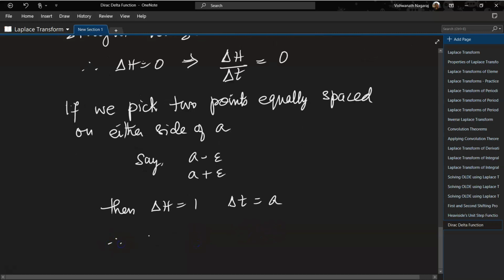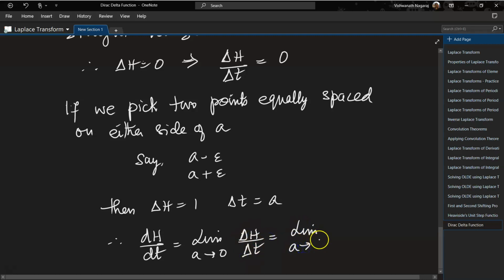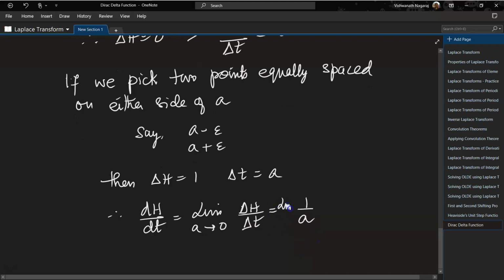So therefore, dh by dt is equal to the limit as a approaches 0 of delta h by delta t. I can actually do the substitutions here itself. It becomes 1 by a, and a tends to 0.